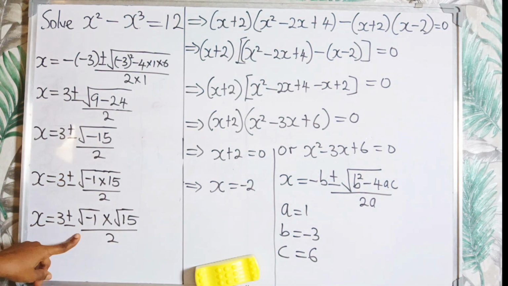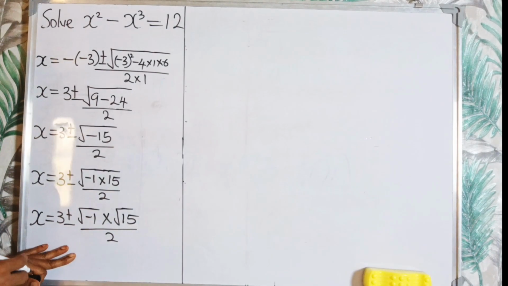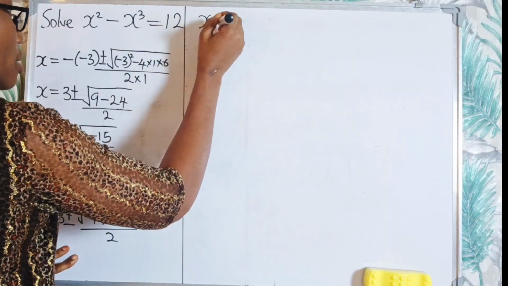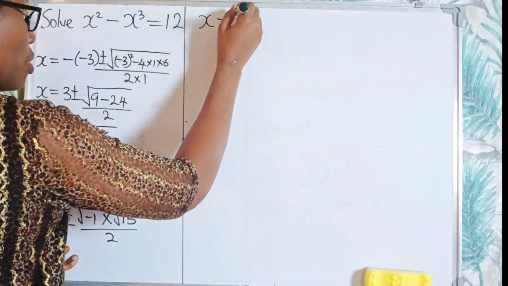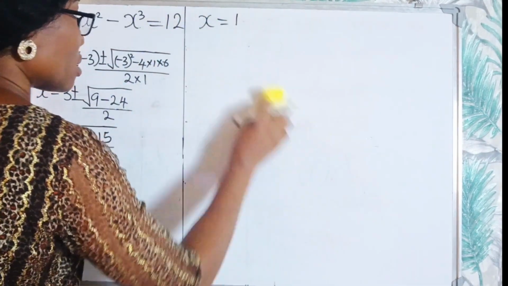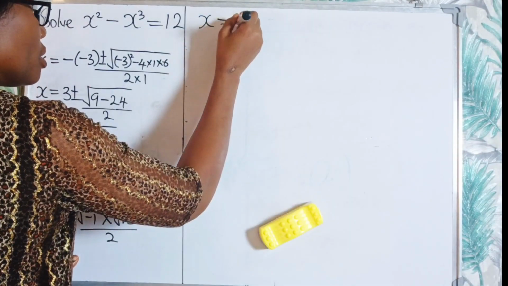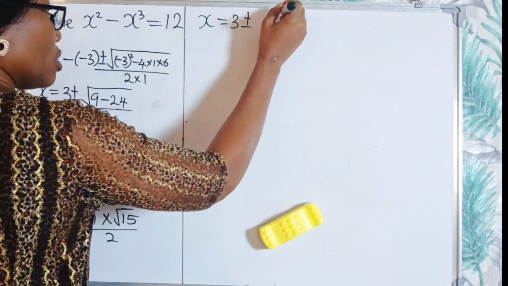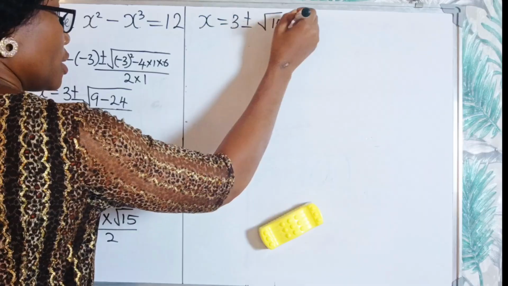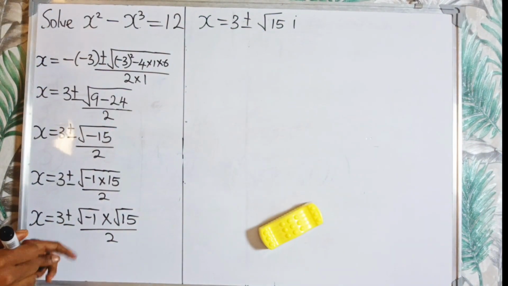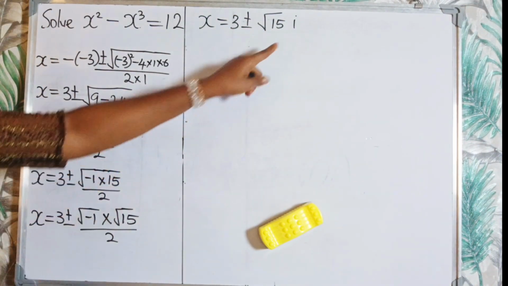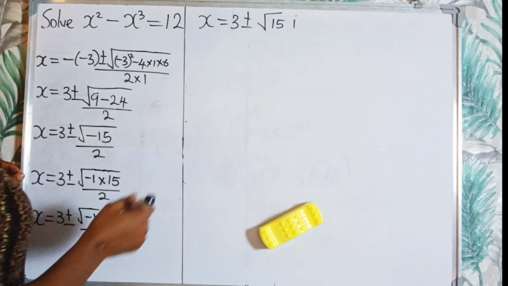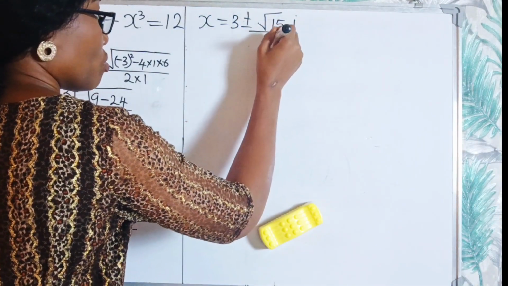Now the square root of minus 1 is i. And so x is now equal to 3 plus or minus the square root of 15 i, the square root of minus 1 is i, divided by 2.